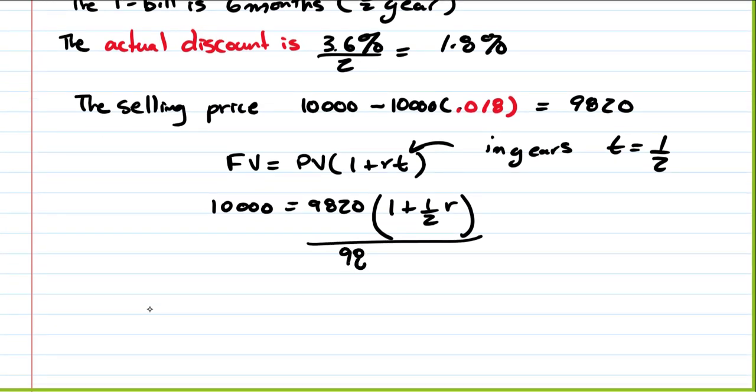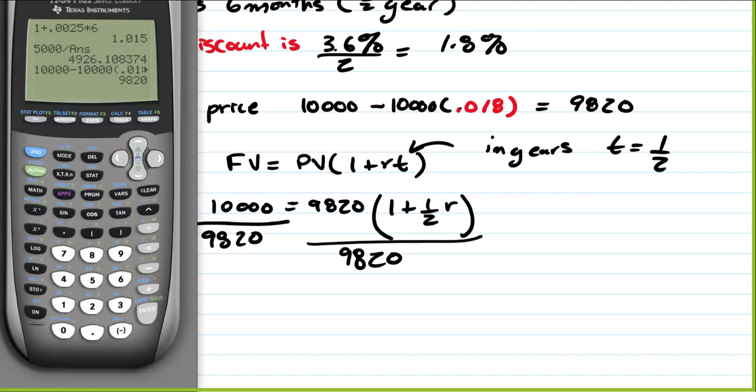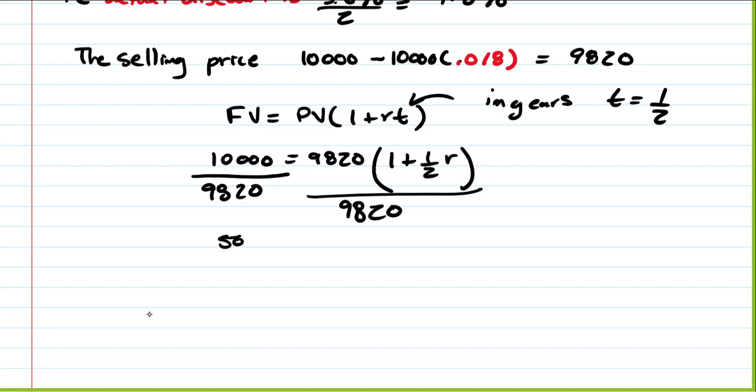So we divide by 9,820, and we divide by 9,820. Let's just keep a running calculation. 10,000 divided by 9,820 gives us 500 over 491 is equal to 1 plus 1/2 r.